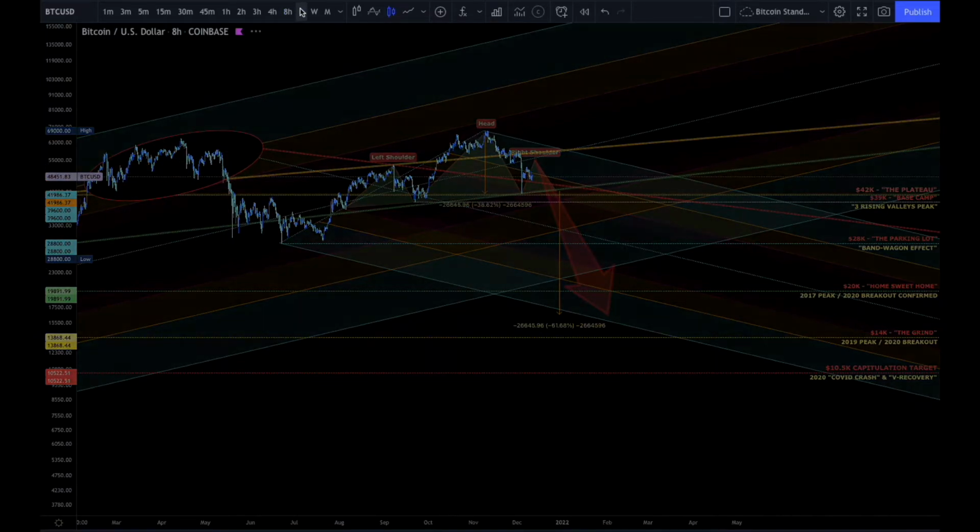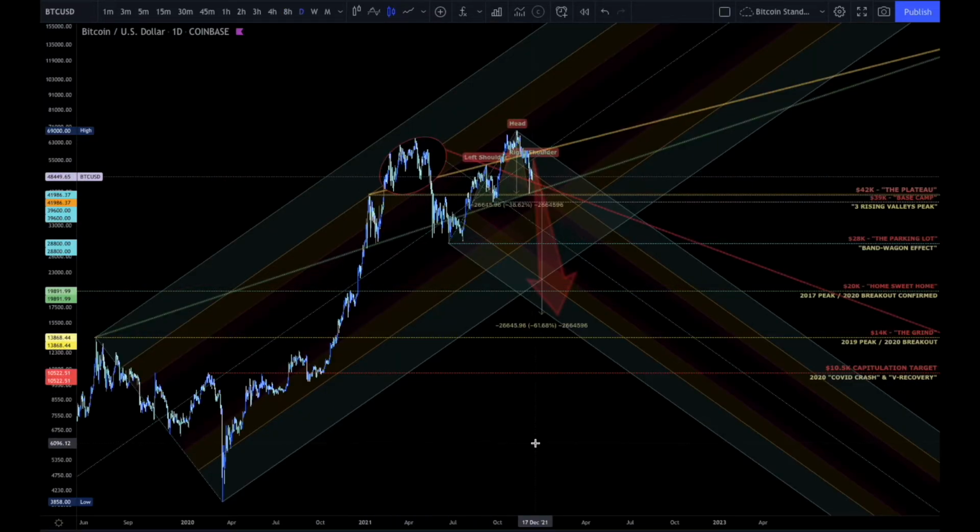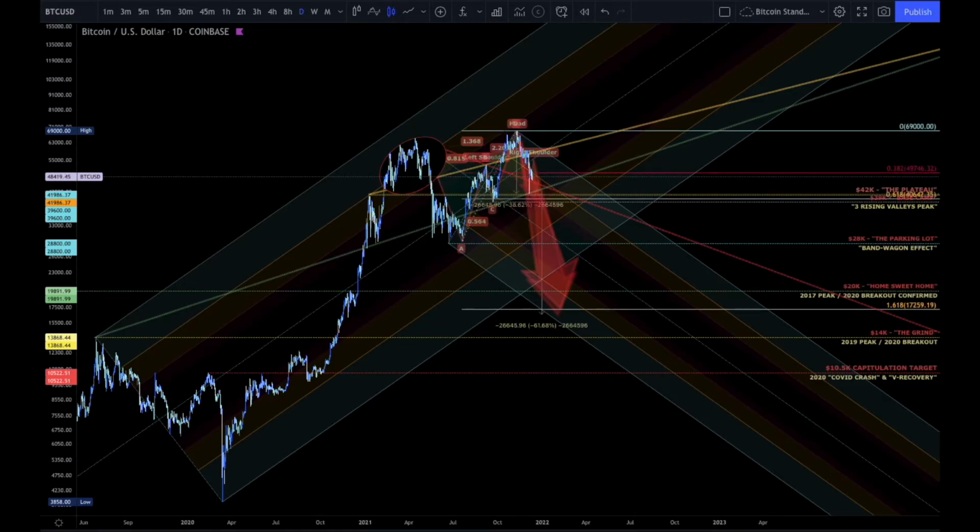We did mention some of these targets in the previous video as well on the upside. So let's look at some of these targets on the downside as we work our way out of this head and shoulders pattern or out of this butterfly pattern.